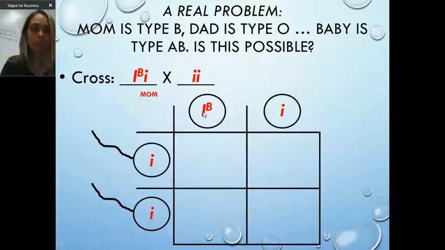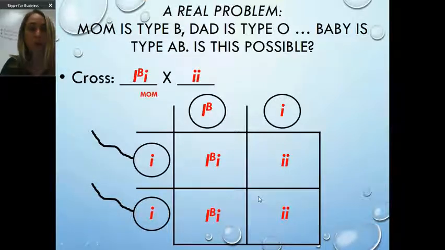You don't do anything funny with those superscripts. You just carry the whole thing down, just like it's one letter. So then your blood types are IB little i. That would be type B blood here in these two, and then little i, those are type O. So is it possible for the baby to be type AB blood? Well, not with that dad.